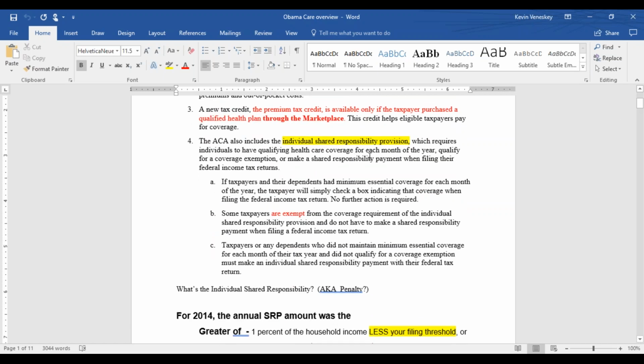All right, so this shared responsibility provision, this is if you do not buy health insurance, you are going to be taxed. They call it a fancy name here, shared responsibility, but it is basically an additional tax, and the tax can be quite steep, as we're going to look at here in just a minute. There are a few people who are exempt, and we are also going to look at who those would be from having to pay this tax.